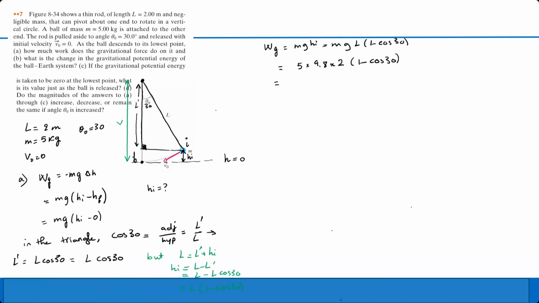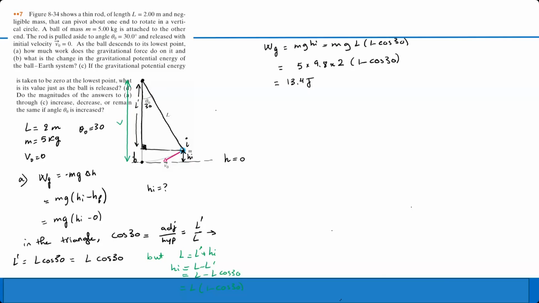We find the work done by gravity. You will get 13.4 joules.